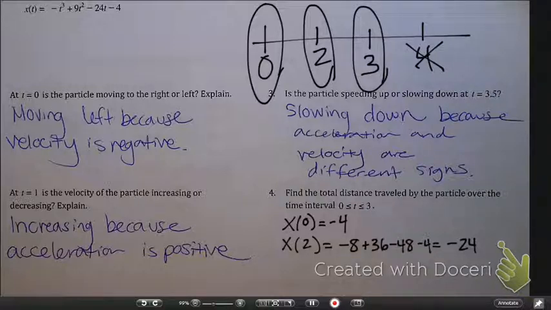All right, x of 3, if I plug 3 into this function, we get 3 cubed, which is 27. That's negative 27. 3 squared, which is 9. 9 times 9 is 81. 24 times 3 is negative 72, and then minus 4.